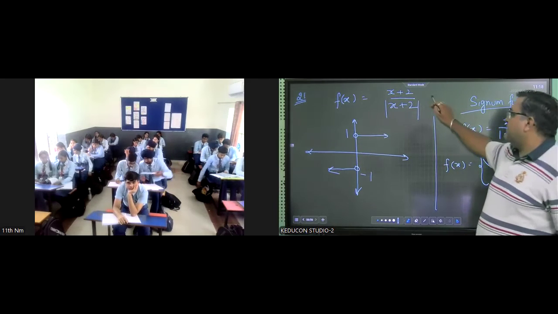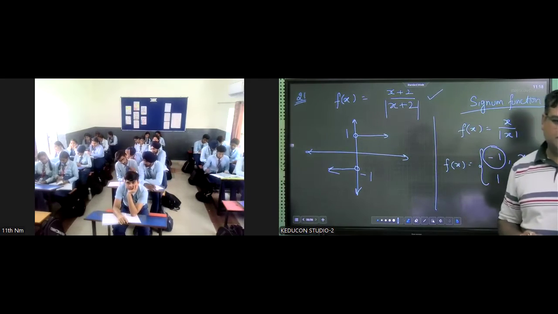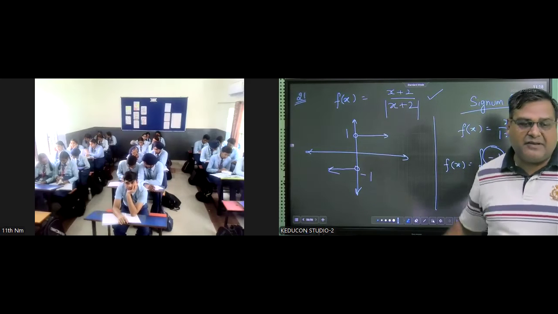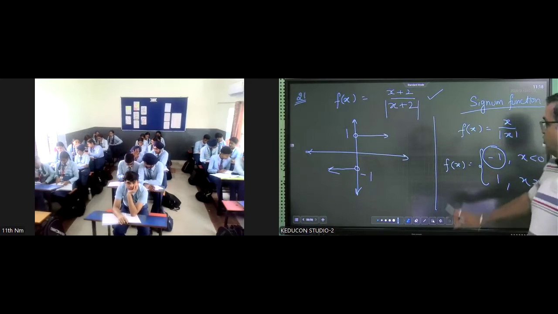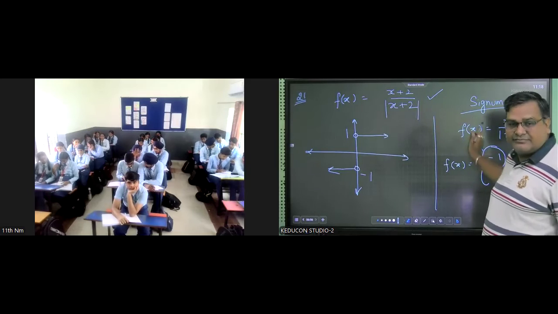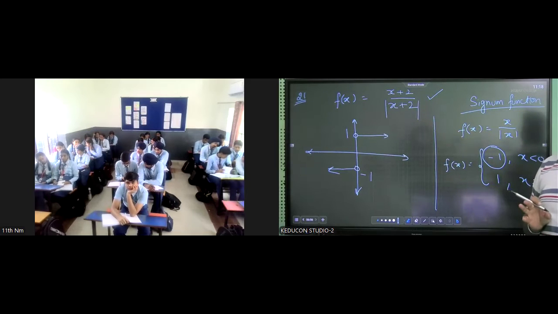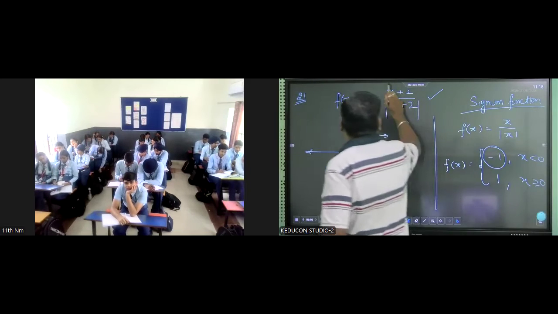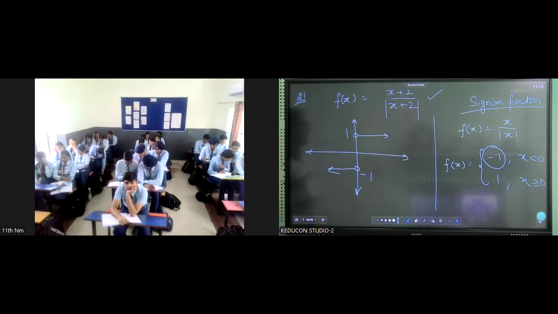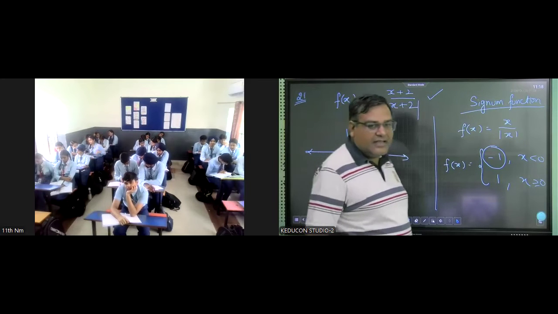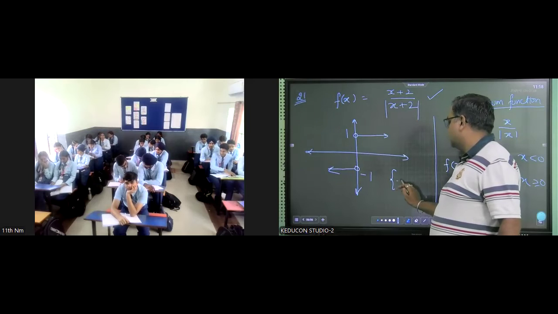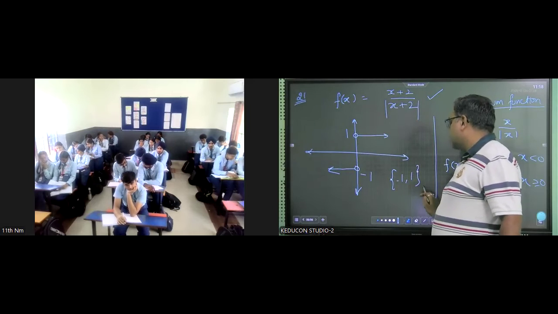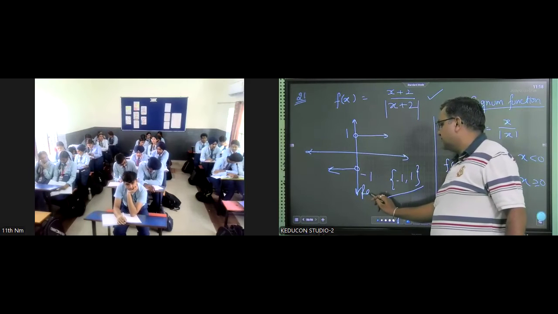Now, let me present the result for this question. That is the range of question 21. Both the things are same. Whatever will be the value of x, what will be the answer of the function? That will be minus 1 and 1. This will be the range of this function.